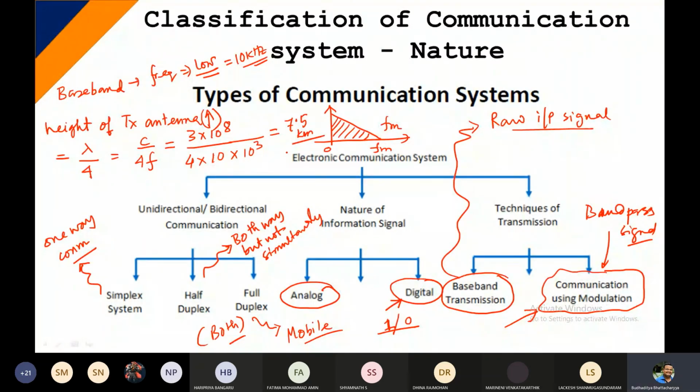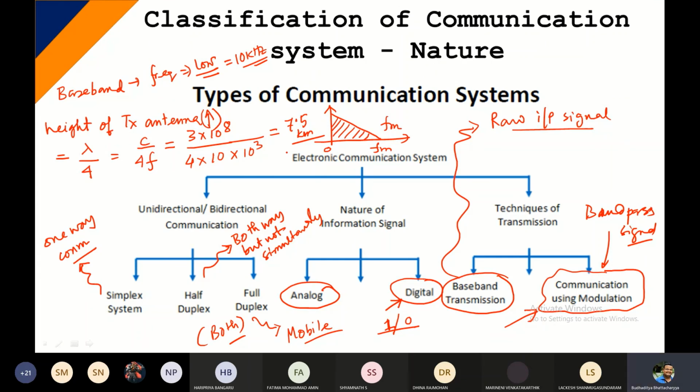So basically, the antenna height should be 7.5 kilometers. You can't even imagine that. That is not at all a possibility.